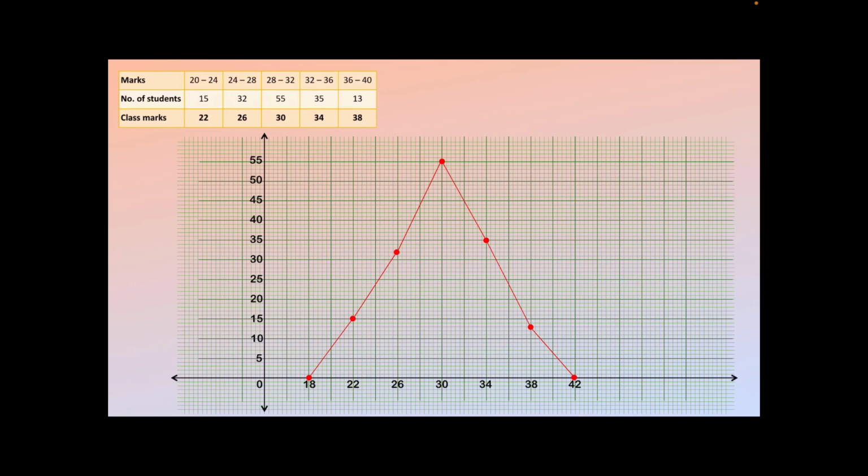So, in such a case, when we do not have the initial data from 0, we use a mark like this on the x-axis. This mark is called a jagged line or kink. It represents that there is no data between 0 and 18. The same thing can also be marked on the y-axis if we do not have the initial frequencies.